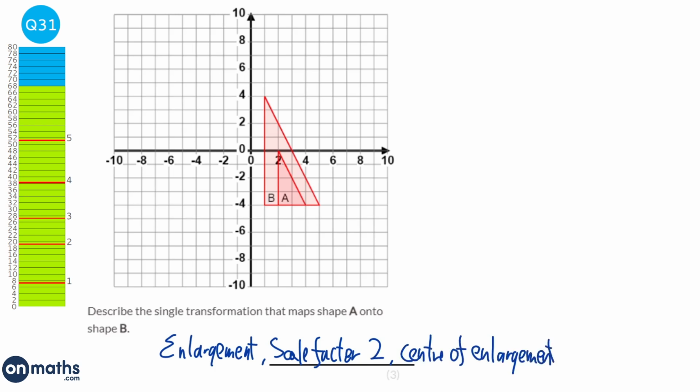And to do this, we're just going to connect all of the vertices, all the corners of the triangle, with straight lines. Try and get it as precise as possible. And we've got the bottom left corners as well. And these are just going to be straight lines, aren't they?